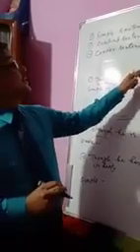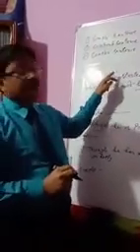Then we can write the present form of the verb. Start. My dear students, when we find any form of verb, we can write the present form. Then we can add ing.